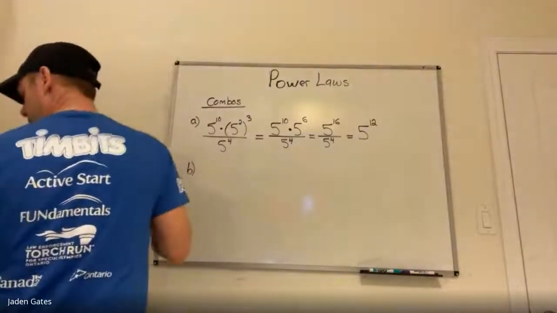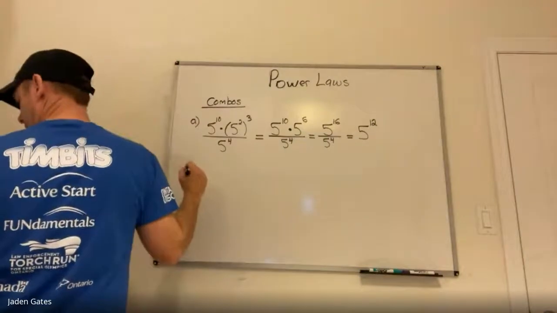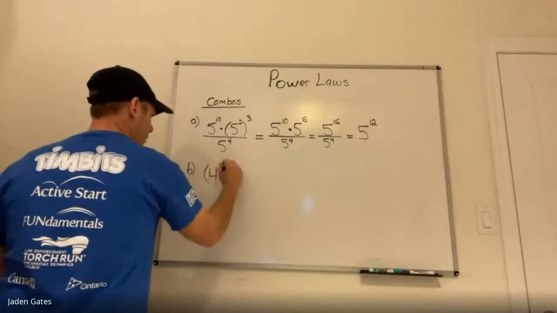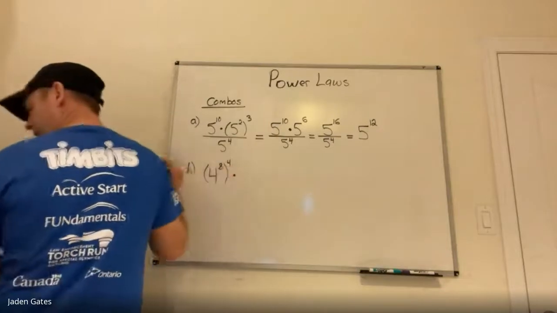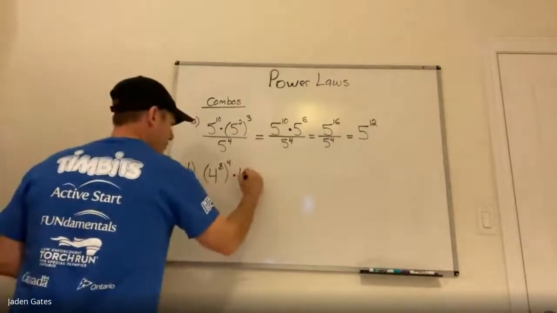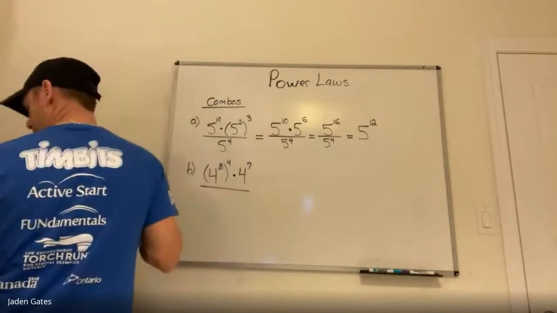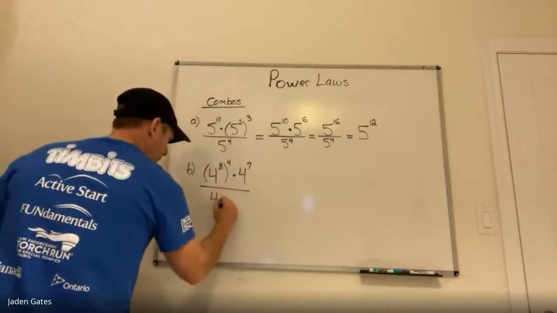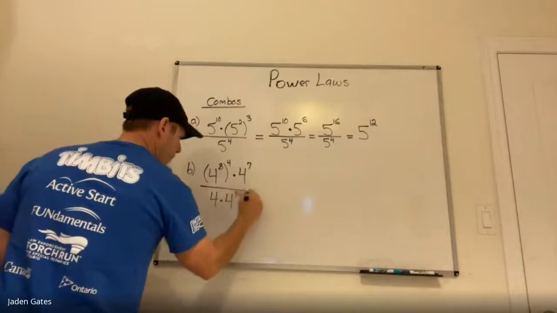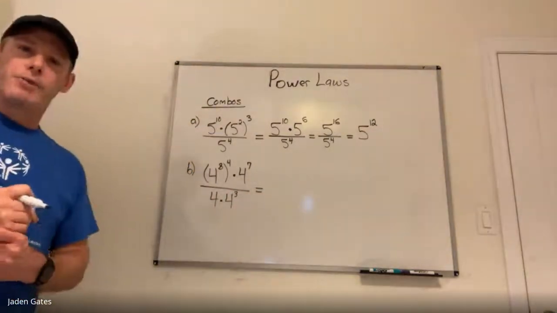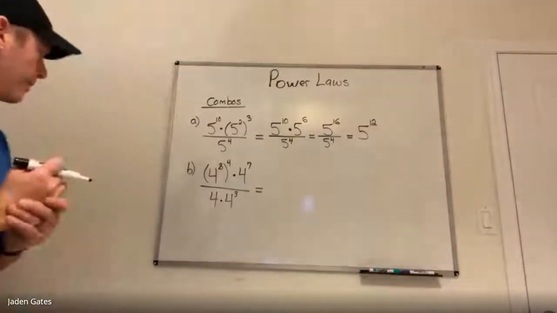Try something else. We got 4 to the power of 8, to the power of 4, times 4 to the power of 7, divided by, this one's very similar, 4 times 4 to the power of 3. Again, a lot of parts here, but I'm just going to simplify where I can.